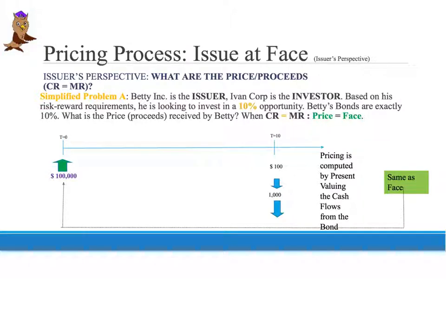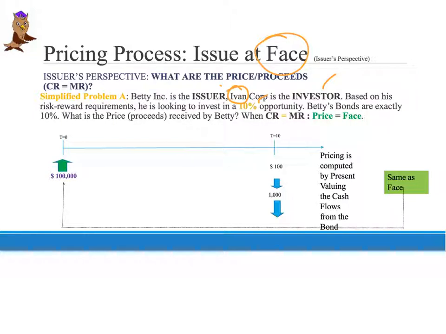So let's move on to the first case. We have three cases: we can issue at face, issue at a discount, and issue at a premium. We're going to talk about issuing at face first, using the very same bond that we just talked about, Betty's bond. She's the issuer, and Ivan is the investor. Based on his tolerance for risk and return, the investor determines that he wants a 10% return as well.